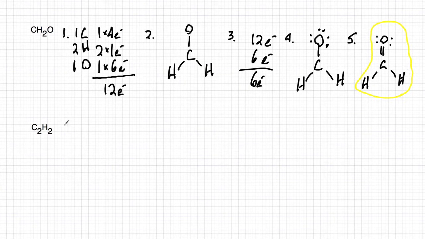Okay, this is our last problem. And for step 1, we've got 2 carbons and we've got 2 hydrogens. So it's going to be 2 times 4 electrons and 2 times 1 electron, which is going to give us a total of 10 electrons.